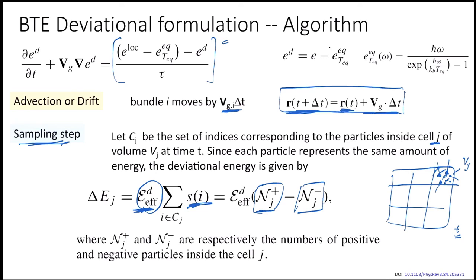Positive and negative would cancel out, and whatever the difference is, that is our energy within the given cell. That's how we would sample. This becomes really trivial compared to previously, when the energy was not conserved, where it became a little bit tricky because of addition and deletion later on. But here it's really simple, we just have to keep track of positive particles and negative particles.